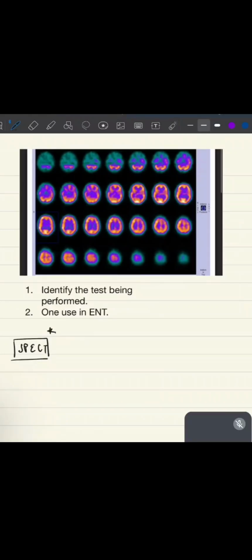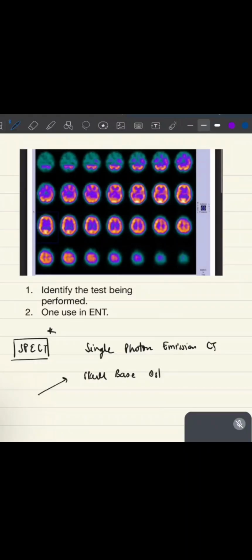Can somebody try? Single positron emission computed tomography. Good, doctor. Single photon emission computed tomography.